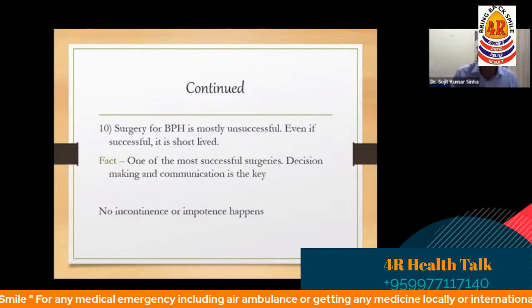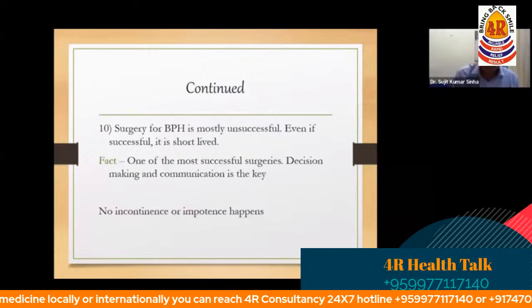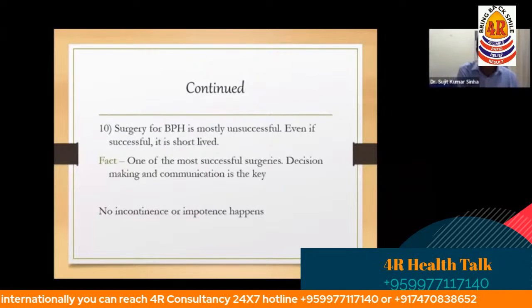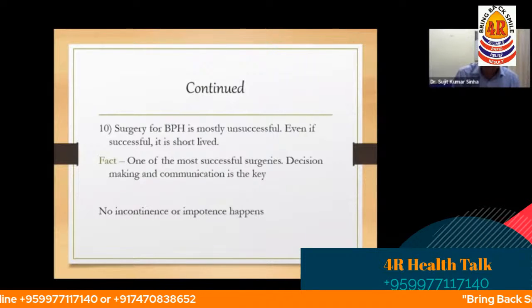So it won't be able to hold the urine and he will become incontinent. We now know the landmarks based on which we have to stop at a certain point. We do not go there. As a result, we do not see incontinence in our patients. So BPH surgery is mostly successful in today's era.